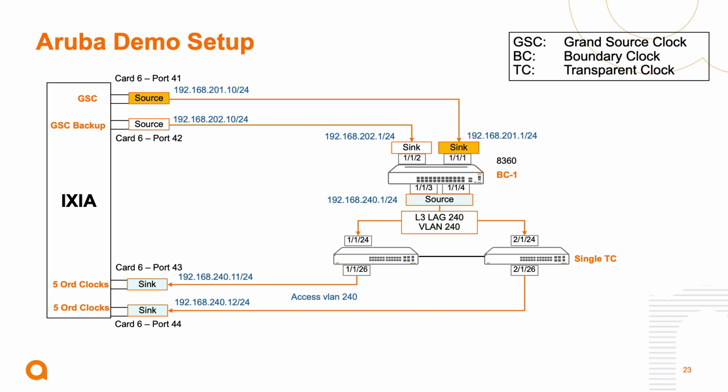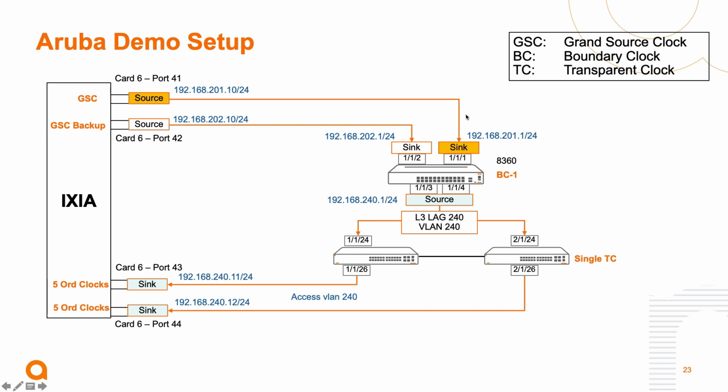In this case, that part is not necessary, but we are exchanging that for some of the things that you need to do when the transparent clock is in layer 2 mode. Notice that the source, that is the boundary clock, and the sinks, that is the ordinary clocks on the Ixia box on the bottom left, are on the same subnet. And then we have two more subnets.